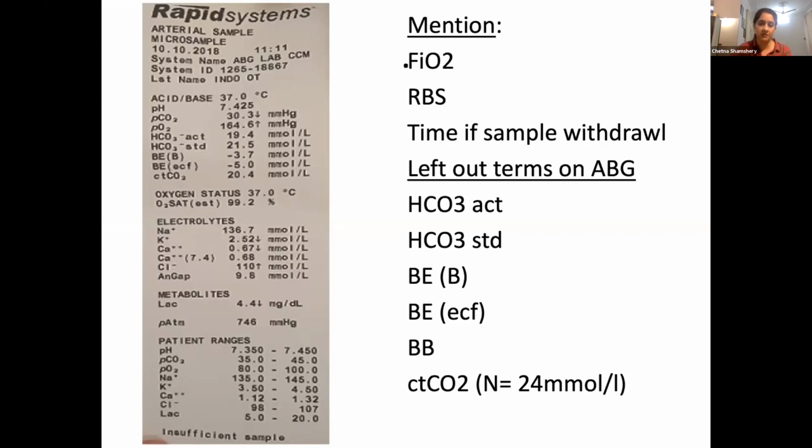You also need to mention the ventilatory setting, whether room air, an oxygen supplementing device, BiPAP or ventilator. And you need to mention the RBS status of the patient. This is what should always be written on the slip, and these are all the values that we should be aware of on the ABG.